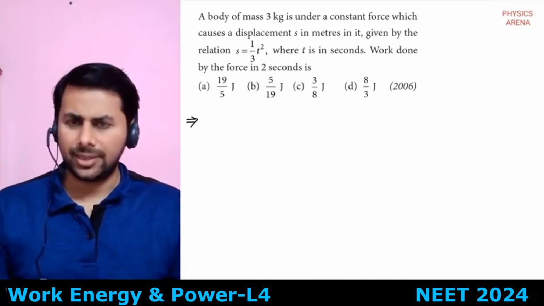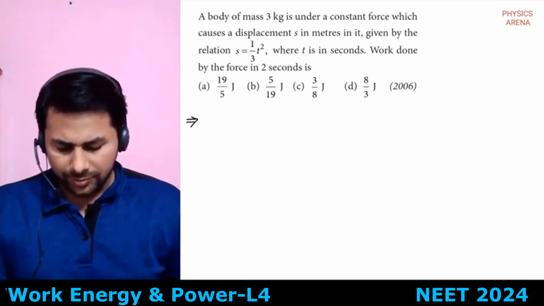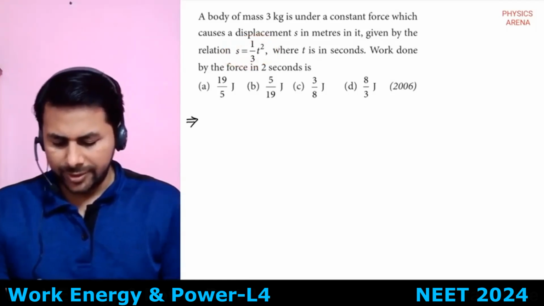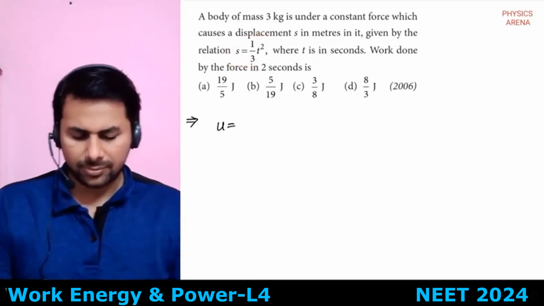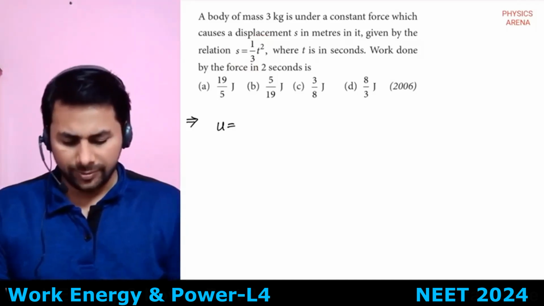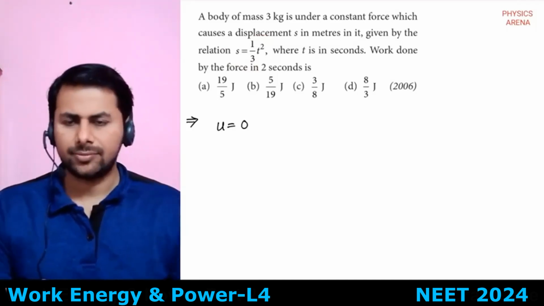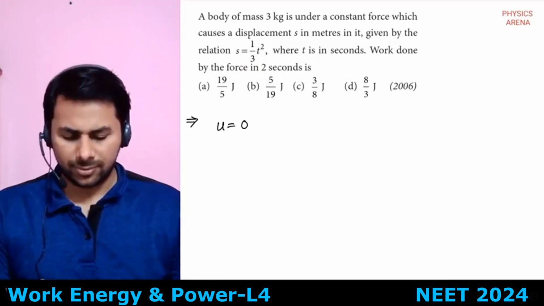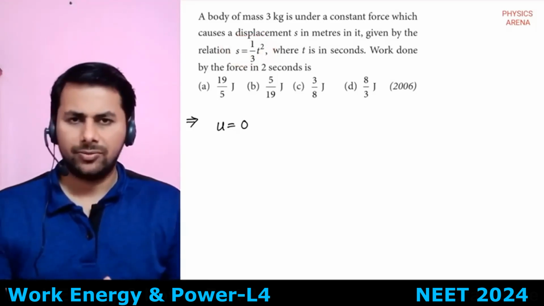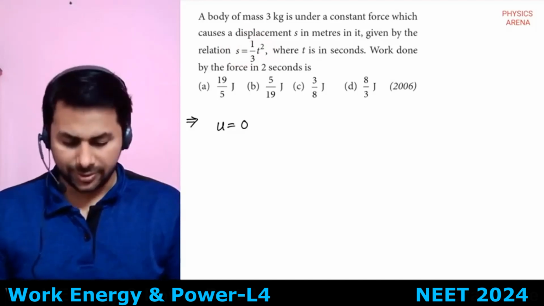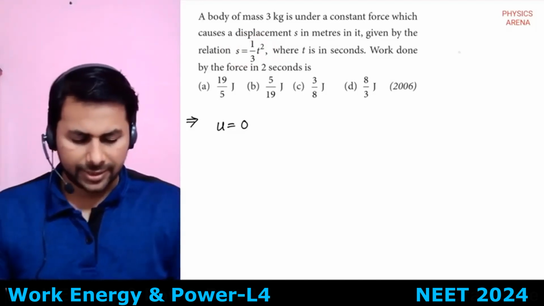Final minus initial kinetic energy. So how much would be the initial velocity? It's not given. Can I say it's 0? No. Just compare this with s = ut + half at², since this kind of displacement you get when you have a constant force, that is constant acceleration.